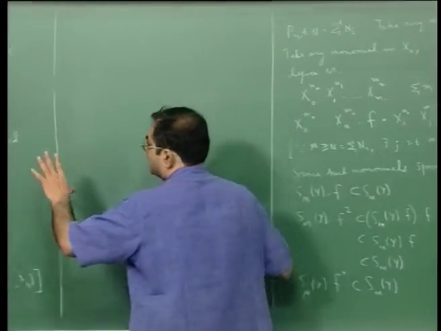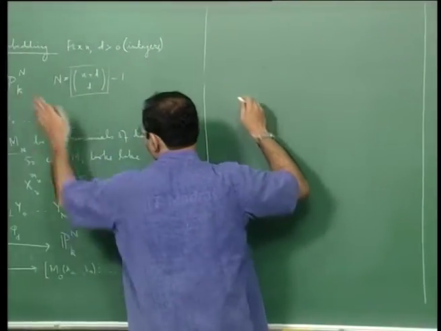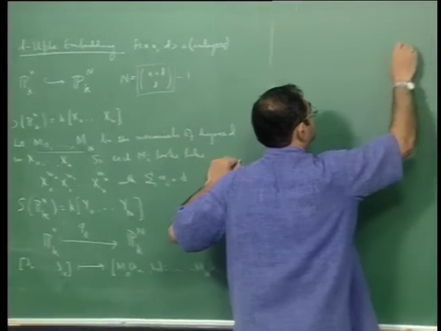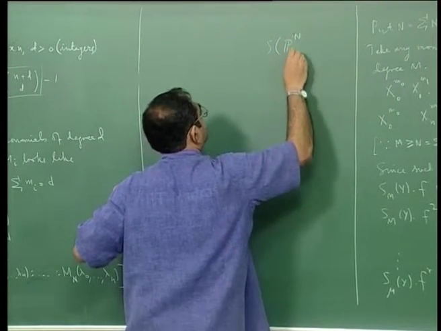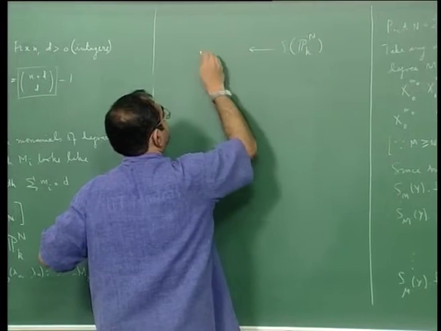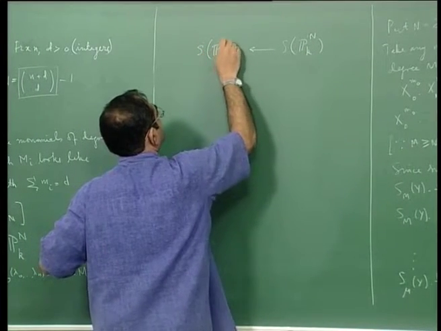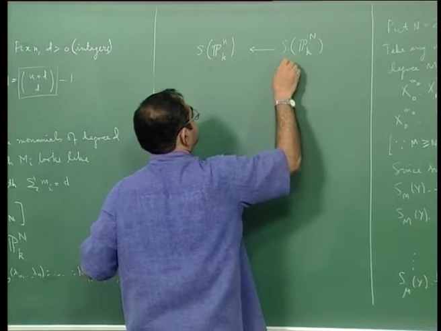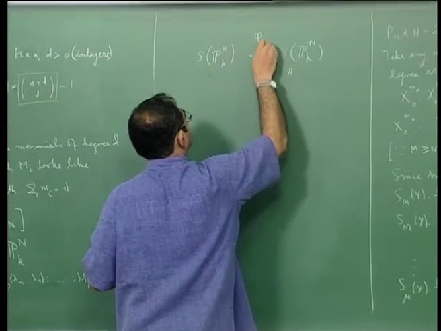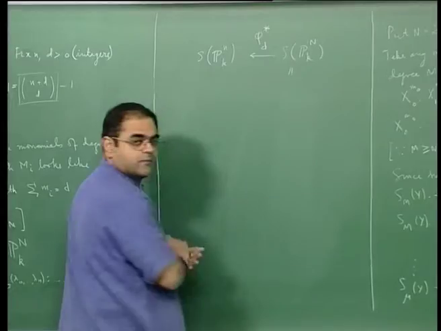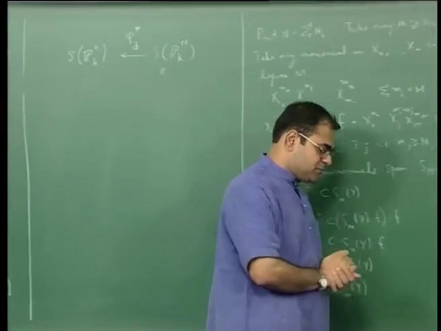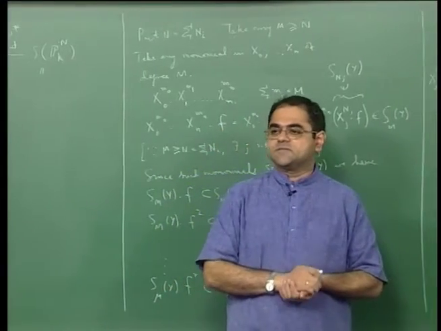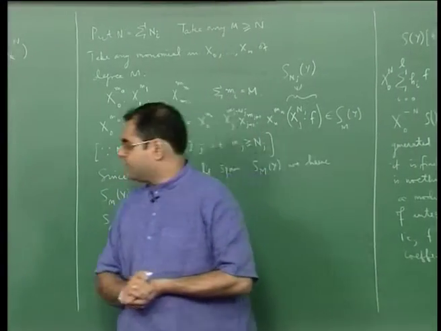So what we have is a map in the opposite direction, and mind you, I will call this phi d upper star, because it is going to induce in some sense pullback of regular functions via phi d.